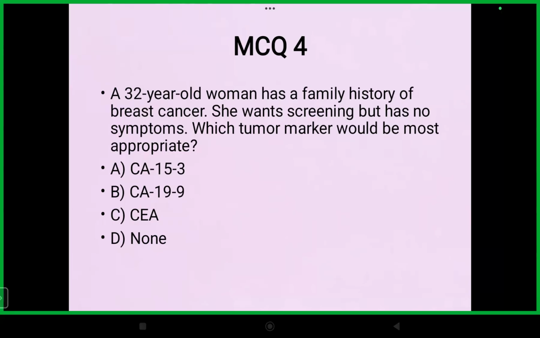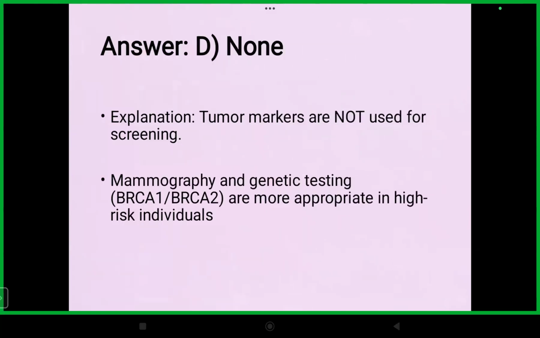So the other two markers are out of the picture. So the apt option here would be none. Because if you want to screen for breast cancer, the ideal option is radiology, USG or mammography, and mutation studies like BRCA1 and BRCA2. These tumor markers are not used for screening. So the answer is D, none.